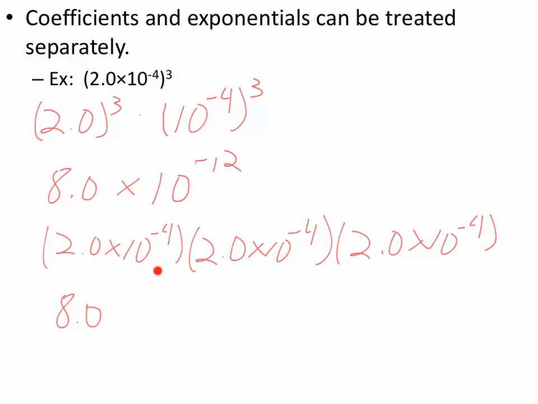And then we have 10 to the negative 4 times 10 to the negative 4 times 10 to the negative 4. So 10 to the negative 4 times 10 to the negative 4 is going to give us 10 to the negative 8 times another 10 to the negative 4. That's going to give us 10 to the minus 12. So times 10 to the minus 12. And of course, our two values that we've gotten here and there are the same value.